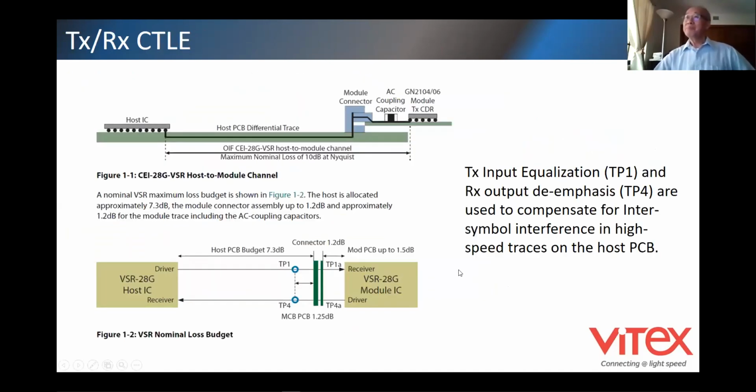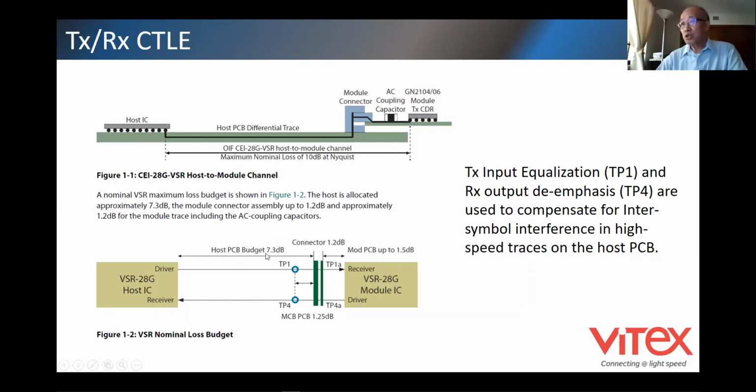The next one I'm going to talk about I call CTLE, which some of you already know, because the data rate involved and the host board is pretty long, right? For instance, the host file here is pretty long. It's defined by this spec here, right?